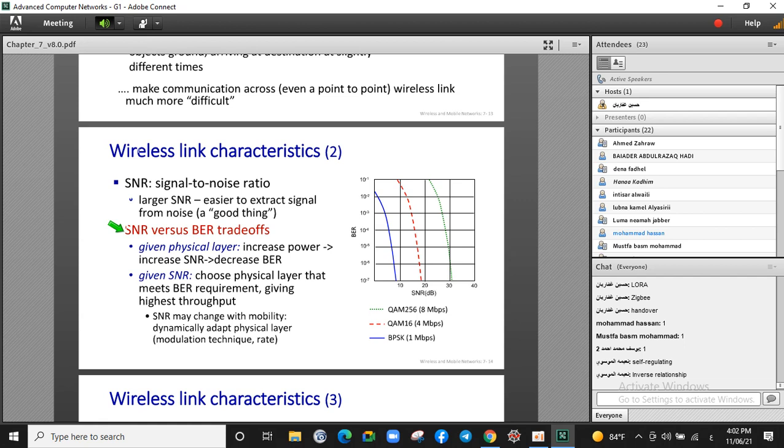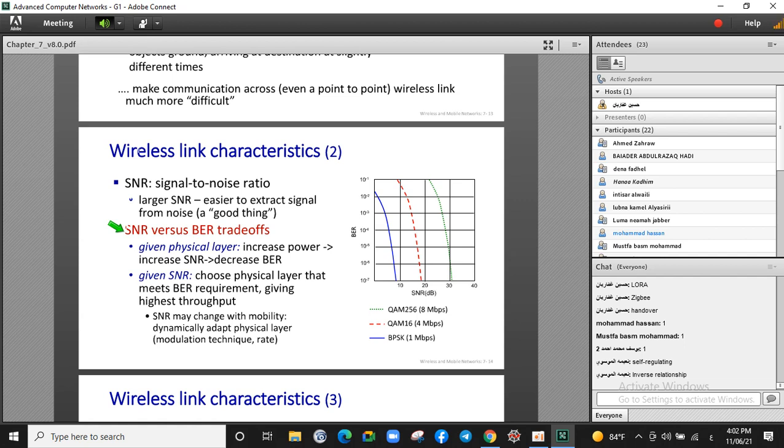I'm looking for smaller bit error rates. With a larger SNR, I can receive lower bit error rates. So maybe someone asks, how can I increase the SNR value? The solution is just adding more power.